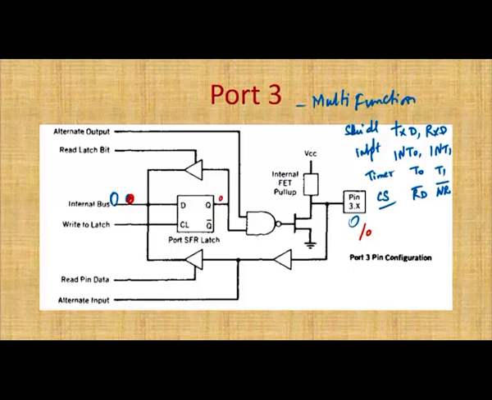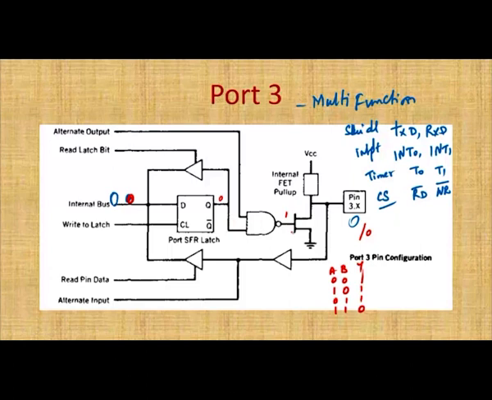So, now 0 is given. In the NAND gate, what is the principle of the NAND gate? A, B, two inputs you have. Both are 0, then the output is 1; 1 0 gives 1; 0 1 gives 1; both are 1, then you get the value of 0. So, if any one of the inputs is 0, then the output is 1.